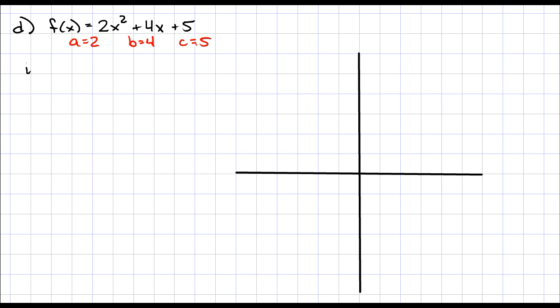The vertex is going to be x equals minus b over 2a. So that's just minus 1. If I've done that right, let me just double check that. B over 2a. That looks right. So y is going to be f of minus 1, which is going to be 2 minus 4, which is negative 2 plus 5, which is 3. Okay, so the vertex here is at minus 1, 3.